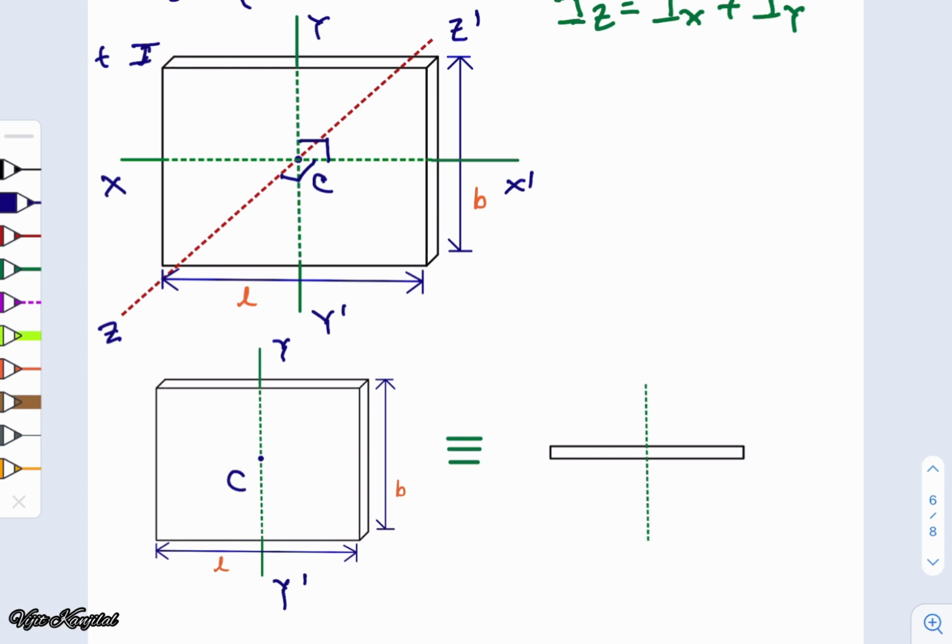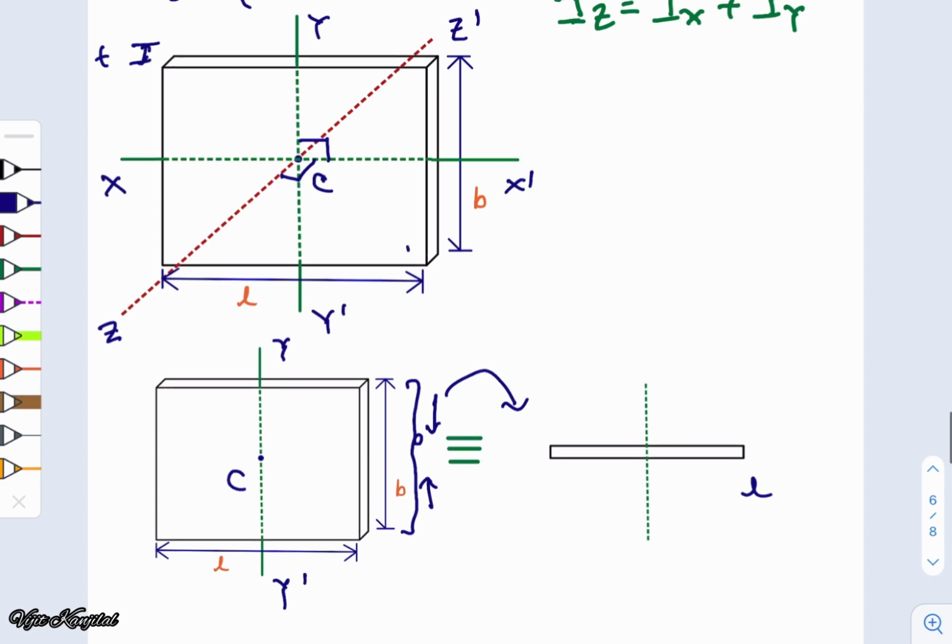So we have previously studied that we can always shrink the dimension which is parallel to the axis of rotation. This is pretty straightforward. So for calculating Iy, we simply shrink this particular dimension b. So what does this plate reduce to? This plate simply reduces to a rod of length L.